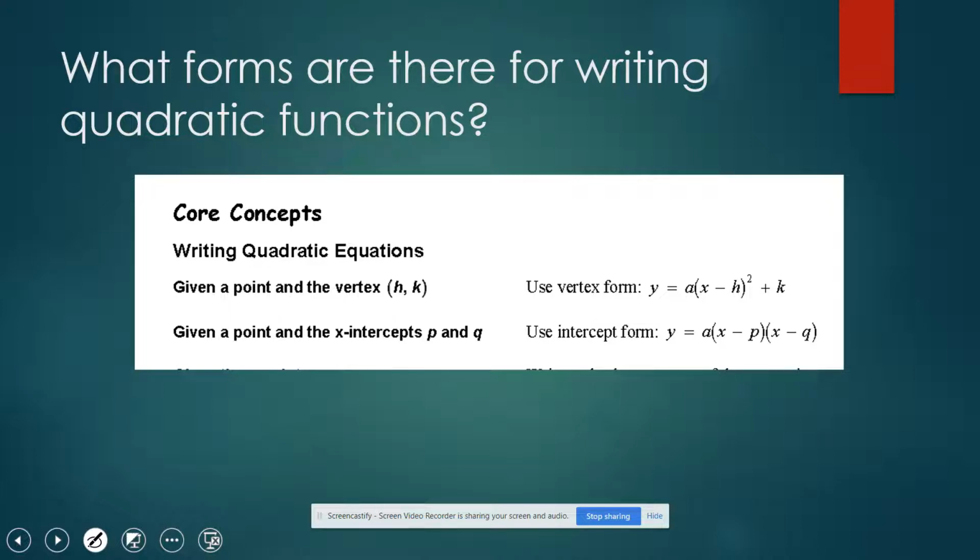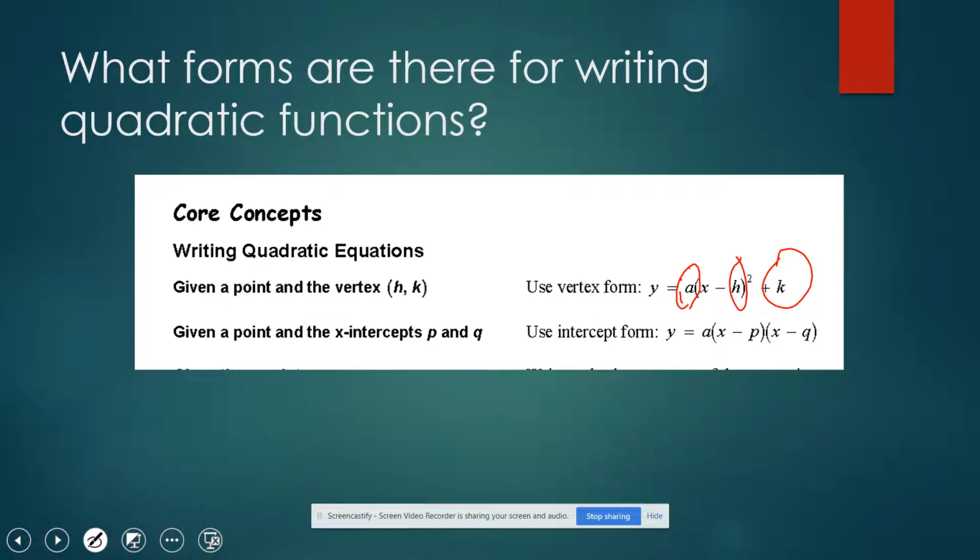So when we are filling in vertex form, we have to be able to replace A, H, and K. Everything else about that form stays exactly the same.